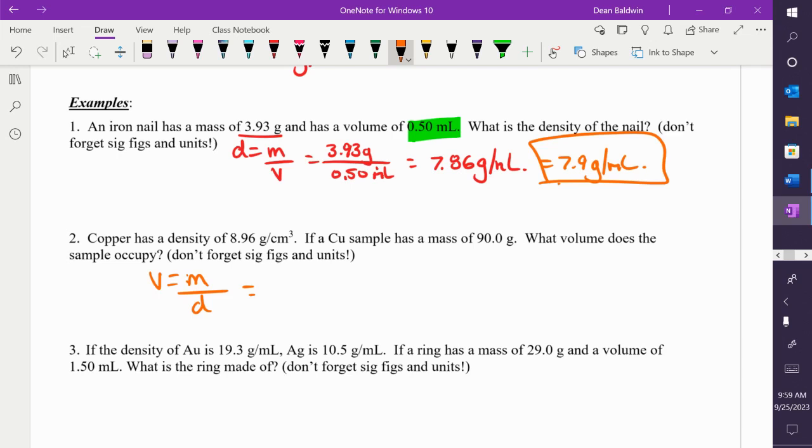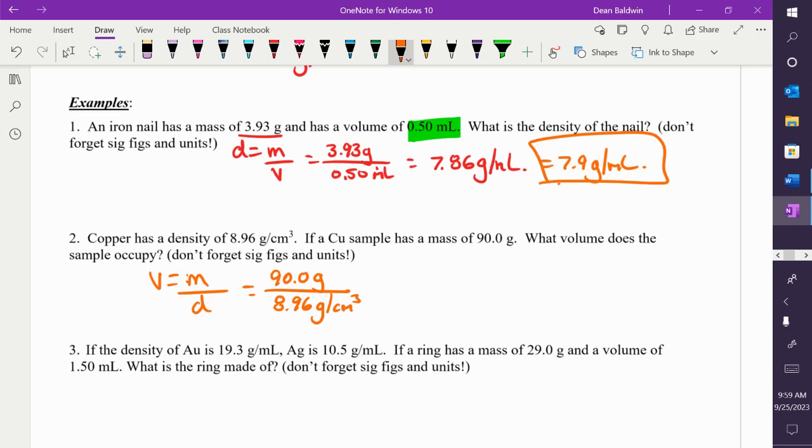The mass is 90 grams. The density is 8.96 grams per cubic centimeter. If you're using this, what do you have to make sure are the same? These units, grams and grams, have to be the same.